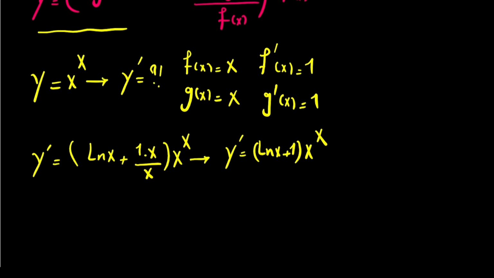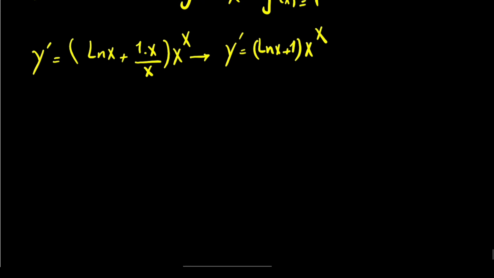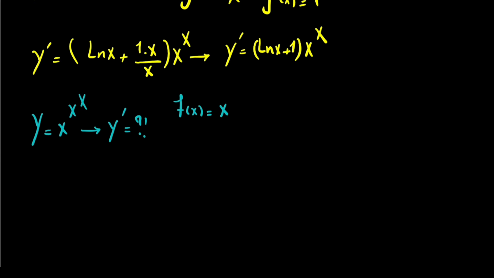So our question was finding the derivative of this really nice function, and now in this question f(x) equals x and g(x) equals x to the power of x, right?